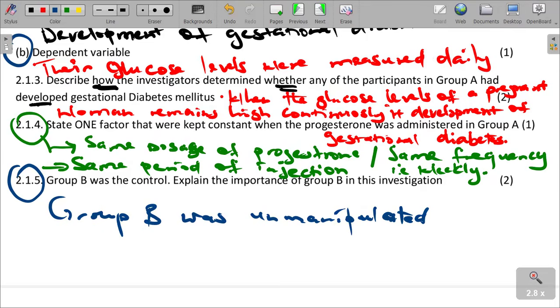If gestational diabetes develops in group A, it can be due to progesterone treatment only.